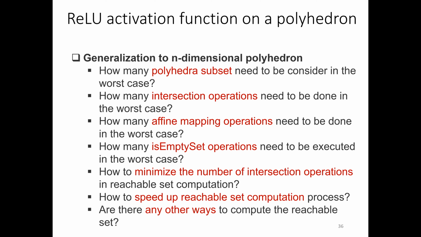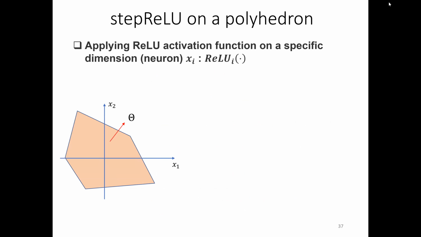Here, from one big polyhedron, we decompose into sub-polyhedra, and then you apply the step operations on these sub-polyhedra. I'm going to show you another, more efficient way to apply the ReLU operation on a polyhedron. It's called the step ReLU method.